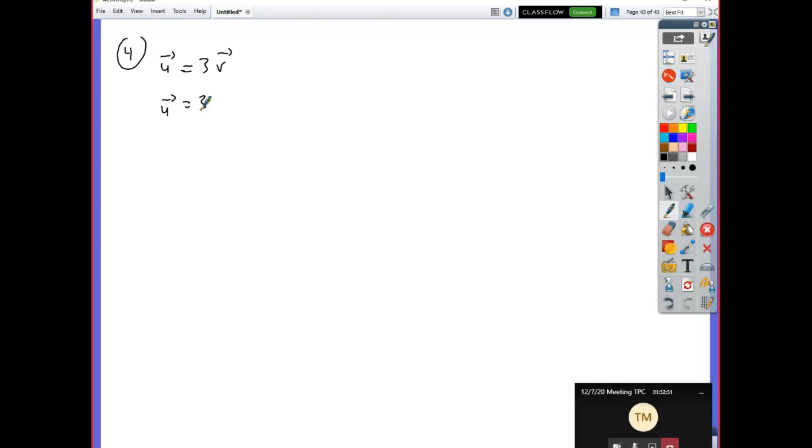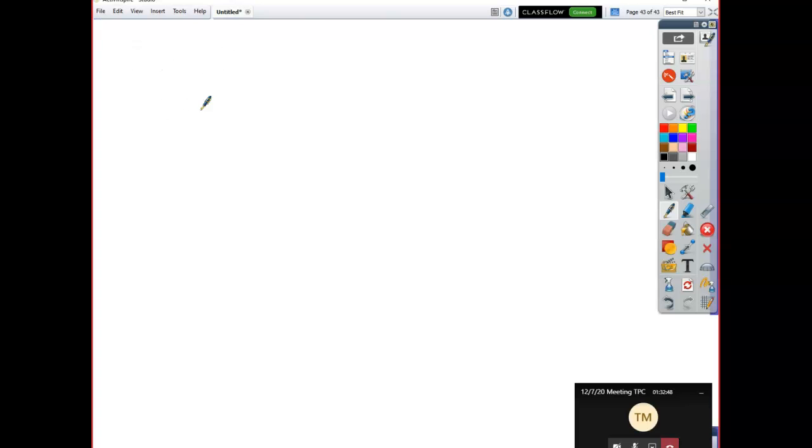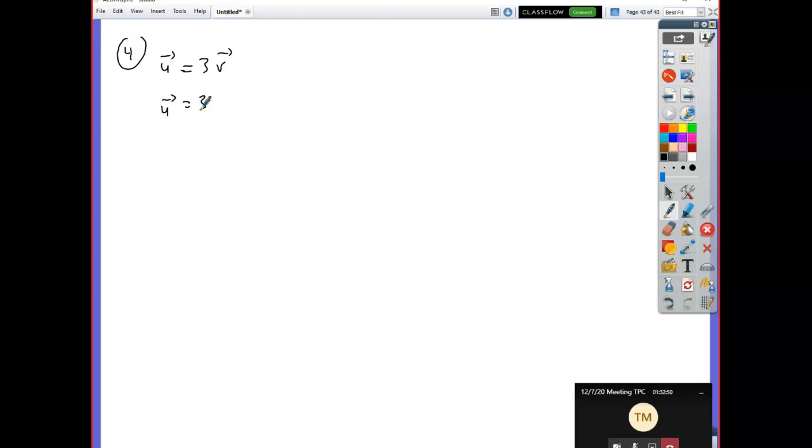What's vector v? For number 4, yeah. 3v. Well, it is 3v I'm looking for. What is v? 1/3. No. Take a look over there at the instructions. You'll find v in any minute now.